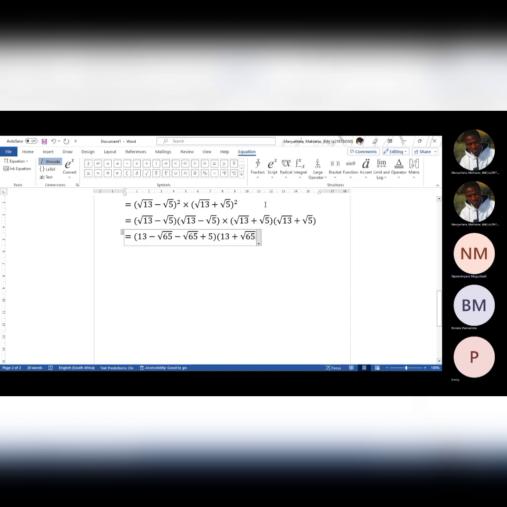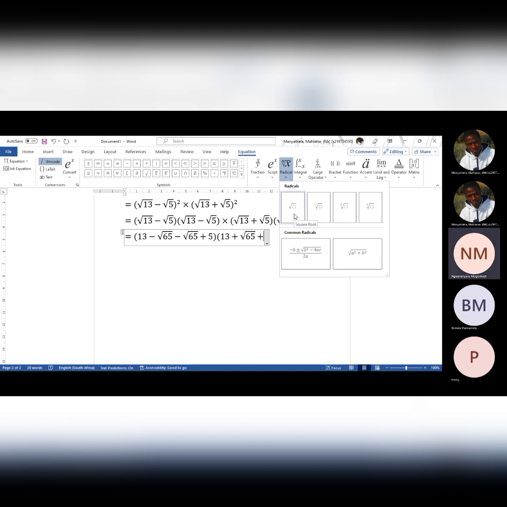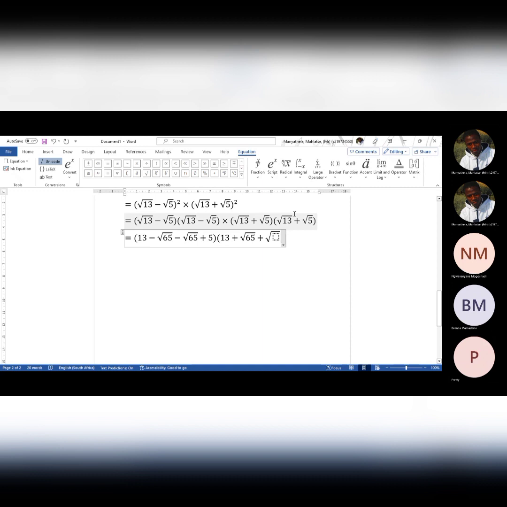Then in square root of 5 times square root of 13. It's square root of 65. Square root of 65 again. So the last one, root 5 times root 5. It's 5. Okay.